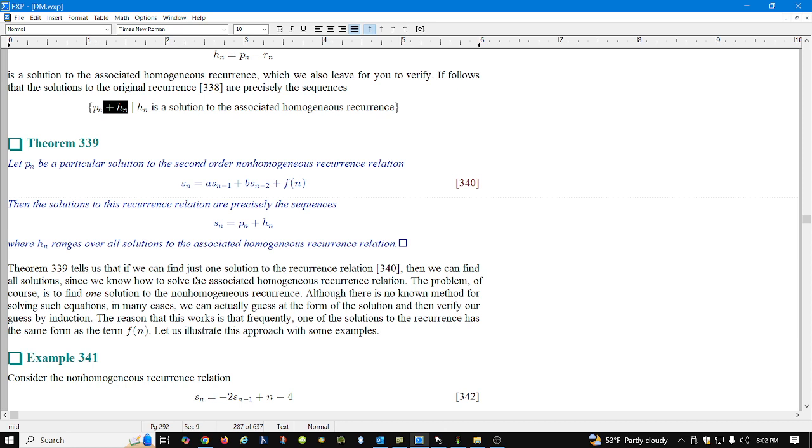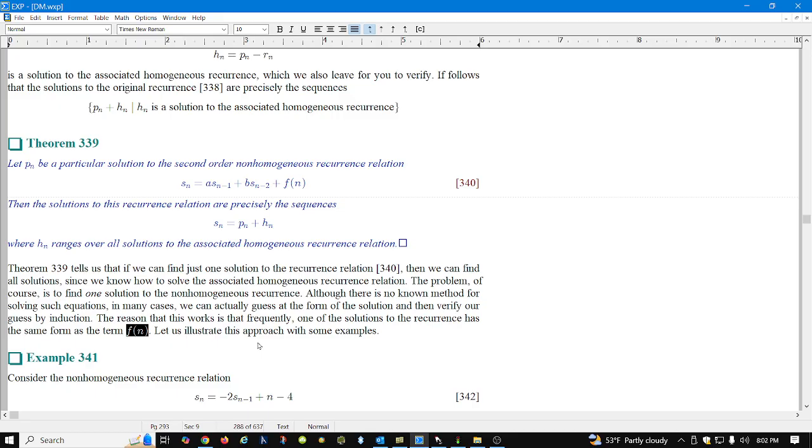The reason that this works, we don't have to just guess out of the blue, is that frequently one of the solutions to the recurrence has the same form as this term, f of n. And let's look at some examples.